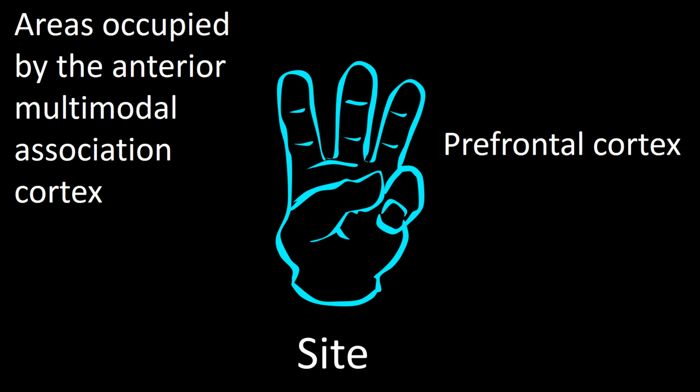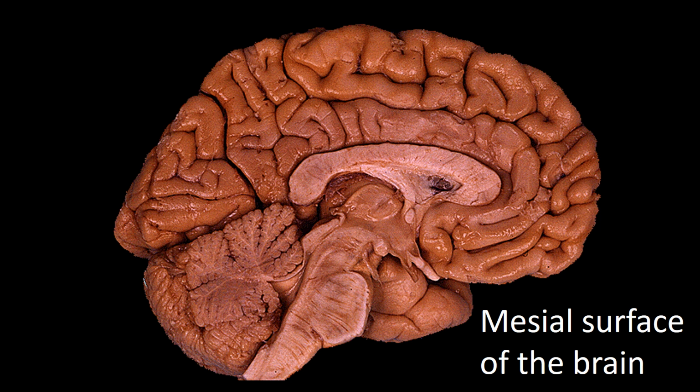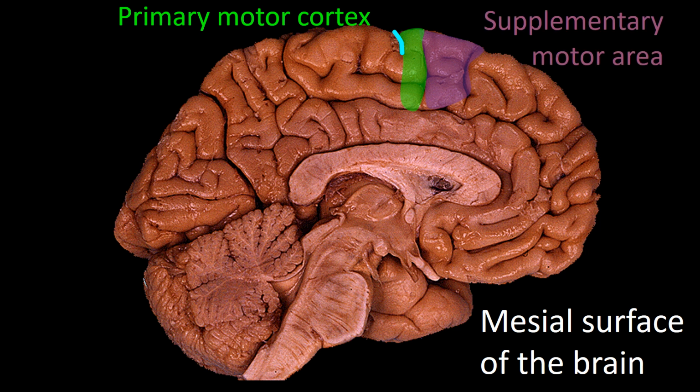The third area of the prefrontal cortex is found in the mesial surface of the brain. I have now added the central sulcus, and anterior to it you have the primary motor cortex. Anterior to the primary motor cortex you find the supplementary motor area.